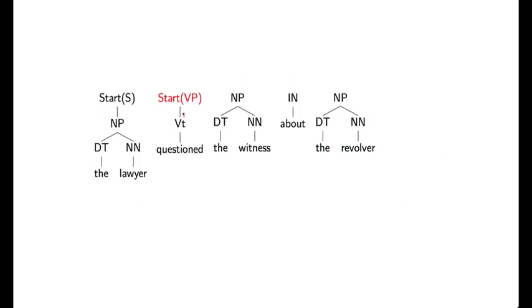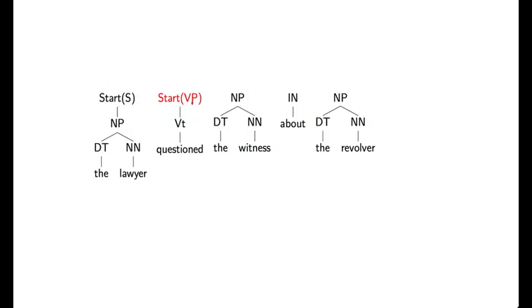The next operation is to look again at the leftmost non-terminal that doesn't have any structure above it, or rather it doesn't have start or join above it. That rules out this structure here, so we look at this first part of speech here. And we could either choose to start a new constituent, or we could choose to join S, which would mean we'd continue this S constituent.